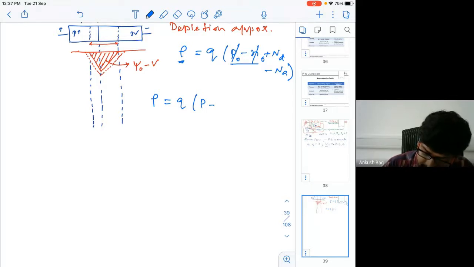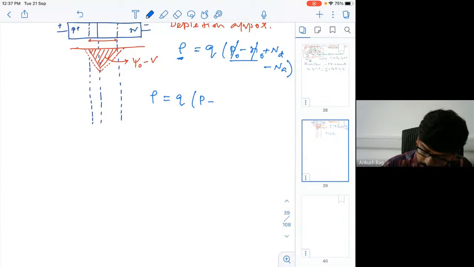Whenever there is a naught, that means it is a thermal equilibrium parameter. So now here we need to write p minus n plus Nd minus Na. So this is the charge density within this depletion region under biased condition.